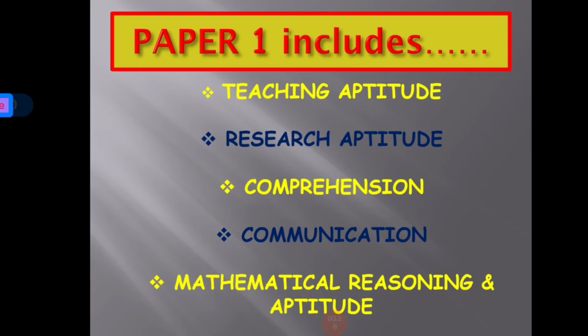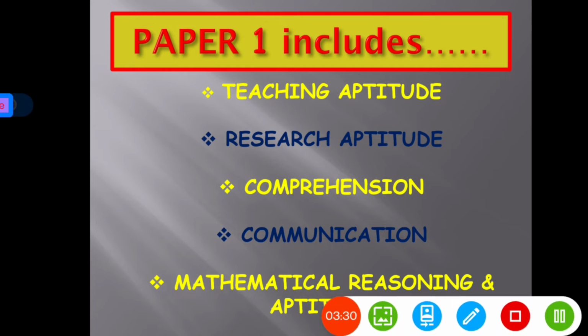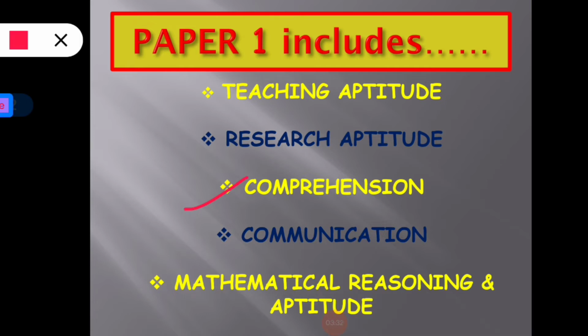And now going to the third one, which is the most important for all types of competitive exams, that is comprehension. Comprehension explains the basics of comprehension, the approaches for finding answers to questions, and the common mistakes which aspirants commit while answering the questions.